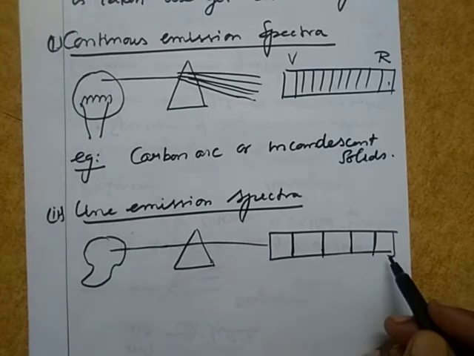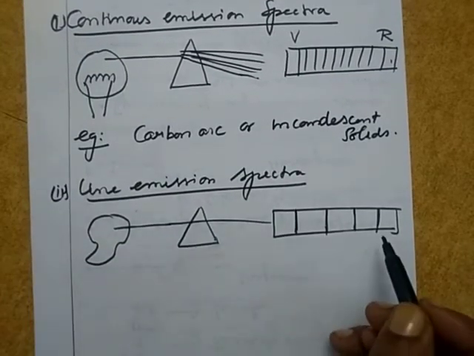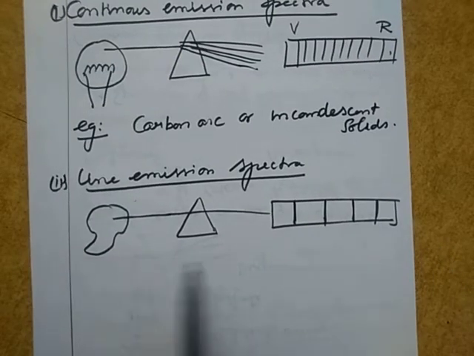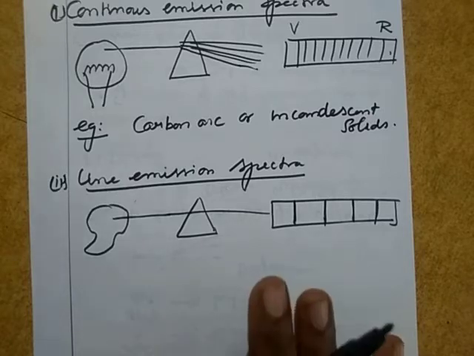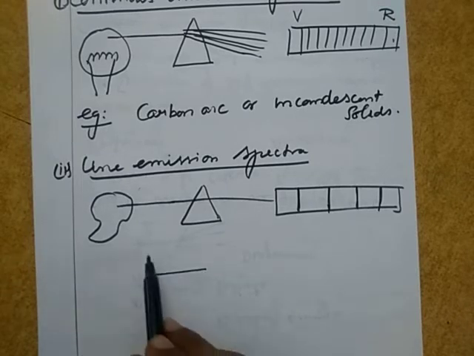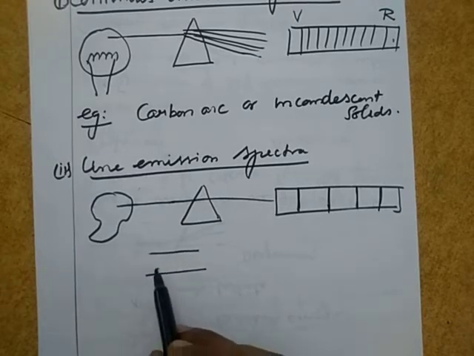These line spectra arise due to excitation of atoms of an element. If I apply energy to the atom, the atom will transit from a lower energy state to a higher energy state. After about 10 to the power minus 12 seconds it will come back to the original state, and at the time of transition it will emit the gained energy. First of all the atom is in the ground state.